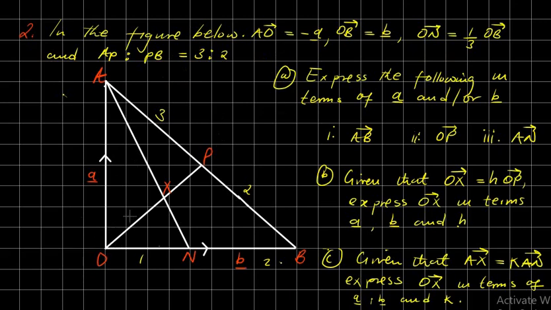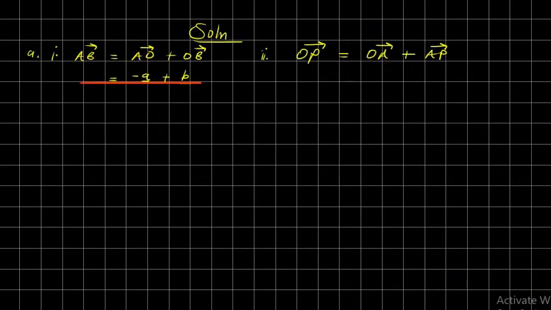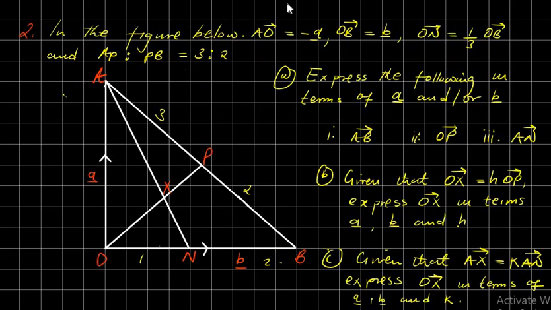So the vector OP is equal to the vector OA combined with the vector AP. This is going to equal the vector OA, which is vector A, plus the vector AP. This is lying on this line where we have ratios.